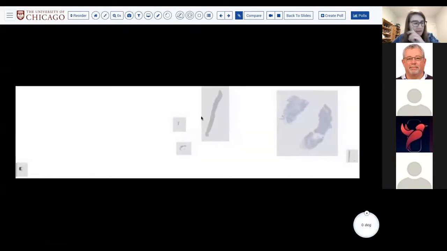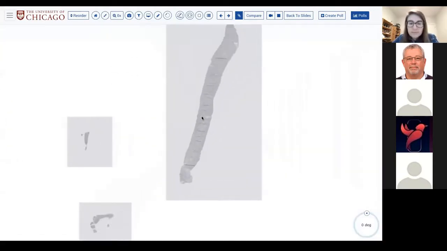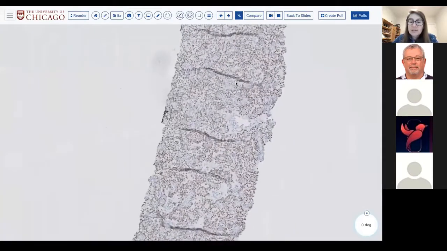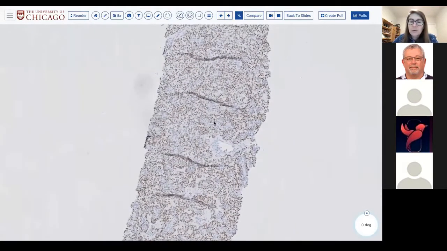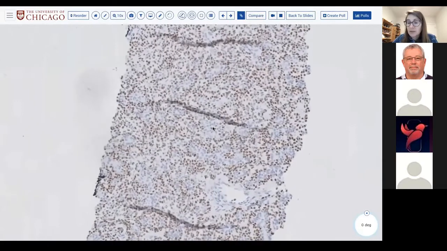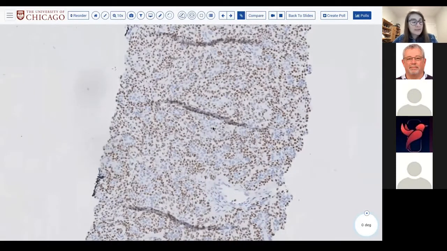So the next stain here, I like to demonstrate first the presence of any significant myoepithelial component. And generally the first step I take towards that is something like a P63 or a P40. And we'll get into why P40 is much more specific than P63 when it comes to certain types of tumors, but this is a P40.